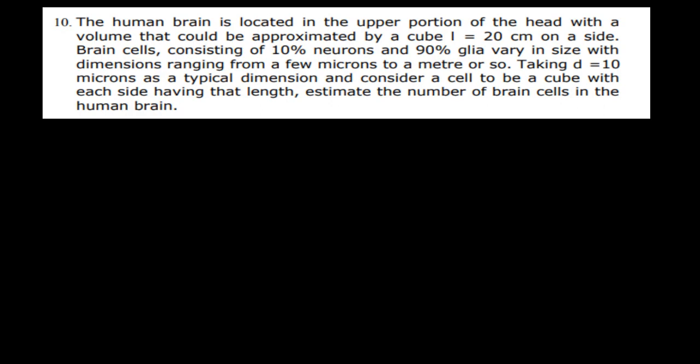Brain cells, consisting of 10% neurons and 90% glia, vary in size, with dimensions ranging from a few microns to a meter or so. Taking D equal to 10 microns as a typical dimension, consider a cell to be a cube with each side having that length. Estimate the number of brain cells in the human brain.